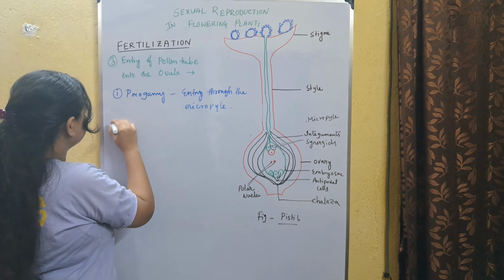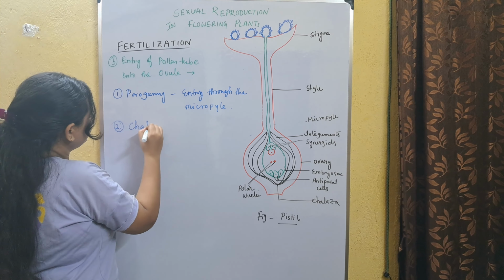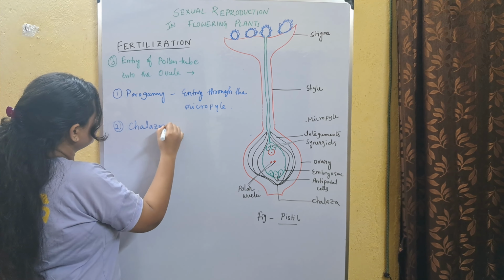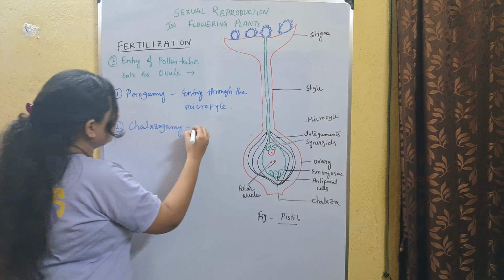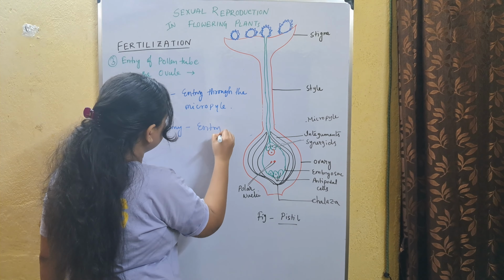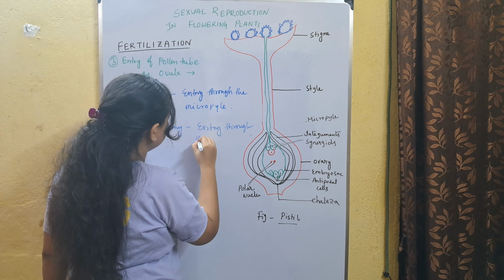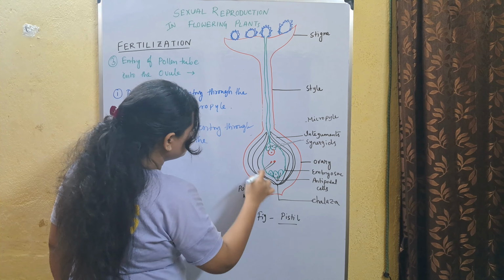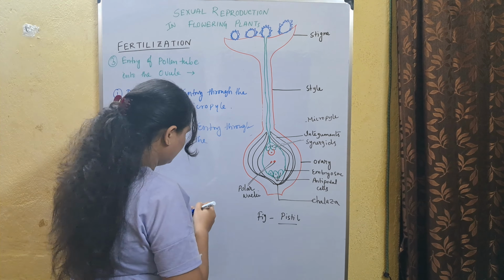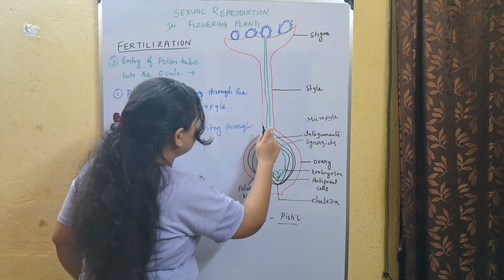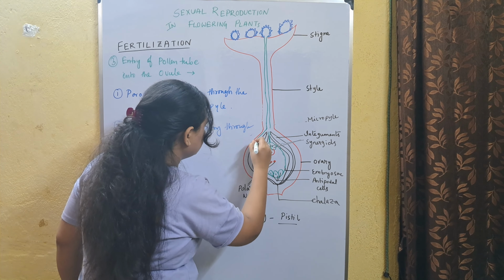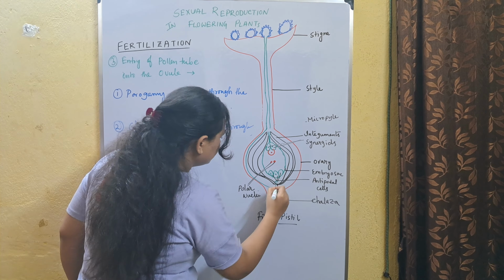Next is chalazogamy. The entry through the chalazal region, it will come like that. It will come here and go in this way.